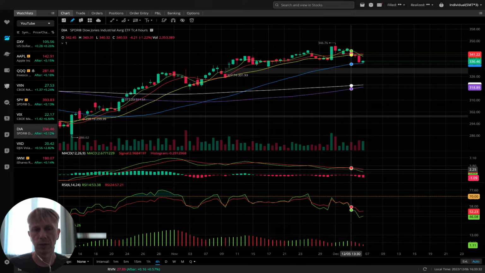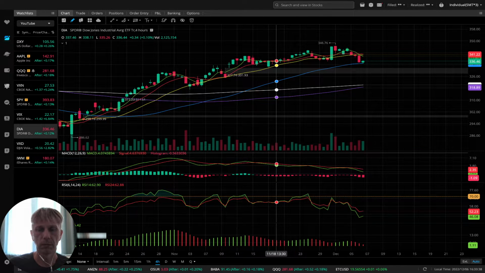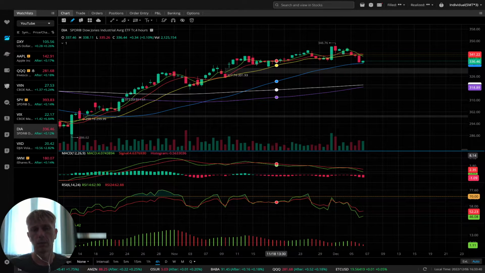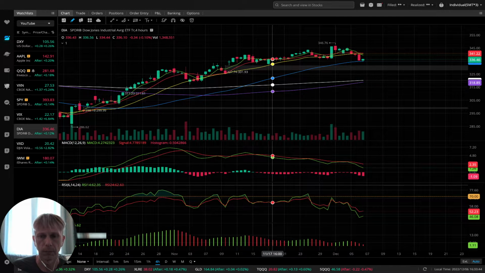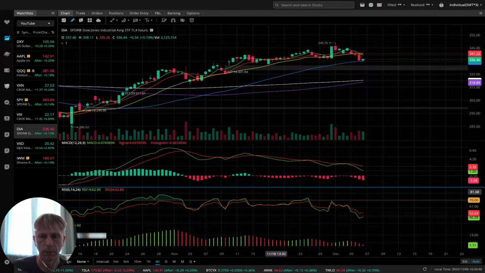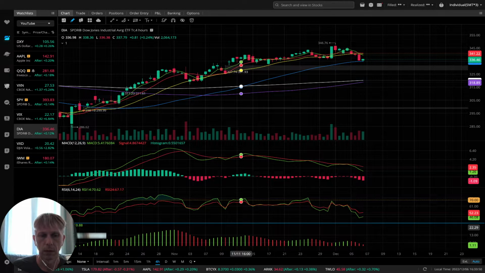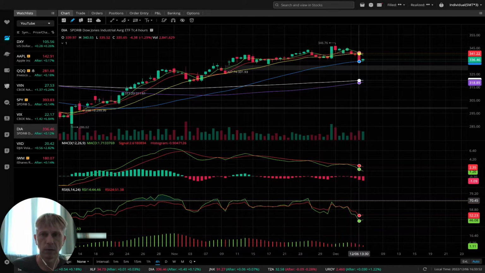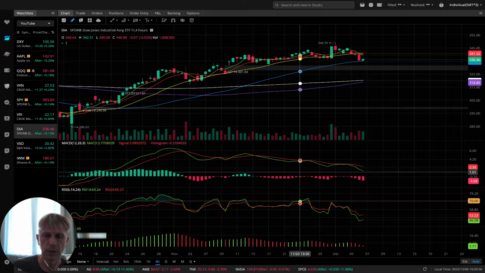4 hours bearish trend on all indicators. Bearish trend on all indicators. Okay, 4 hours bearish, also bearish divergences on all indicators and bearish trend.